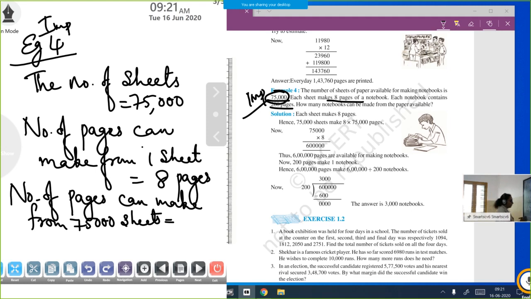We will do the multiplication. 75,000 multiplied by 8. That is the first part of this question. First find the total pages we can make from 75,000 sheets. So multiply that.